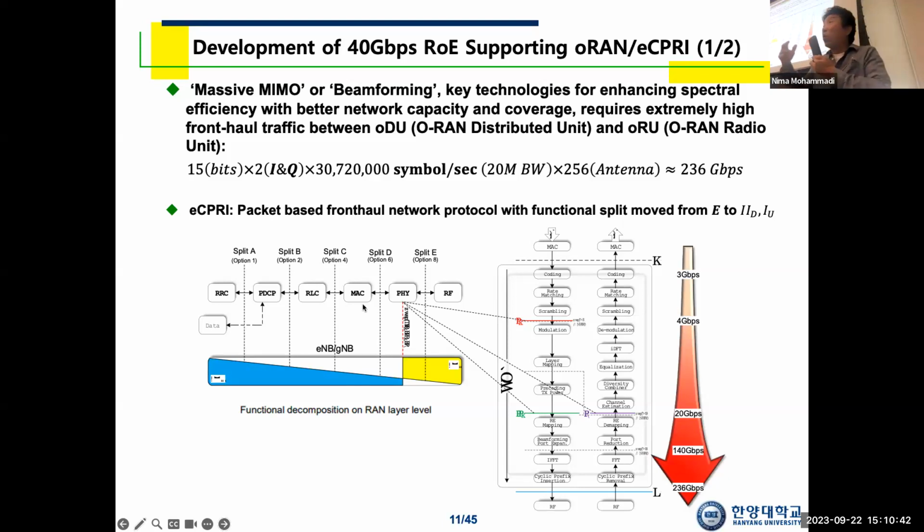Because ORU does not have to worry about RRC and these kind of things, because all the parameters obtained by RRC, PDCP, and these things are coming to the radio unit as M-plane messages. So I don't have to think, well, what is the origin of this parameter?